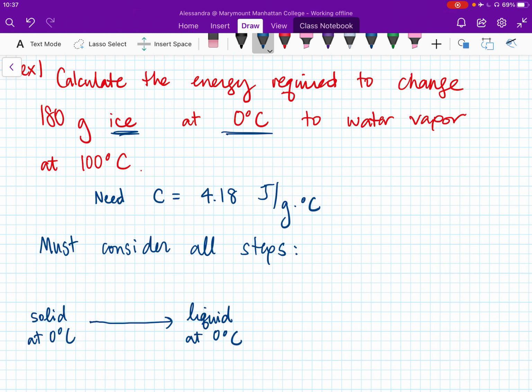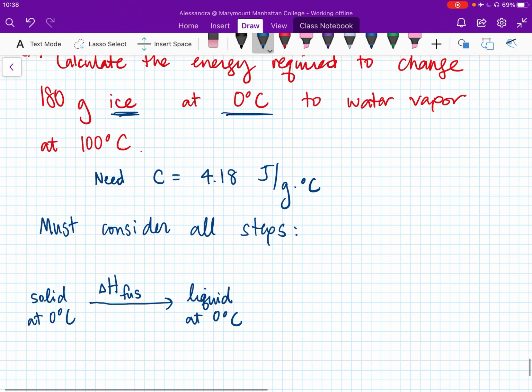Unless I'm told otherwise, I am assuming that this is under atmospheric conditions. So pressure equals 1 atmosphere, and I'm dealing with normal freezing points and normal boiling points. So since I am already at the freezing point, the energy associated with this transition should be equal to the heat of fusion, right? The heat of fusion is going to determine how much energy it takes to melt that solid.